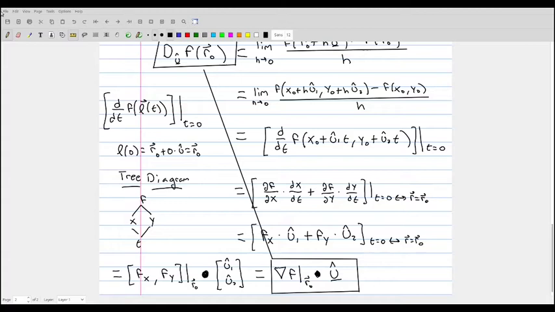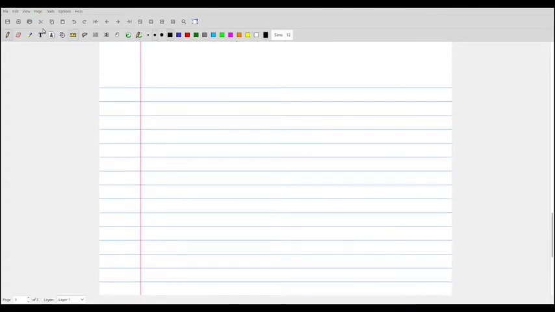So we'll see how to use this in a couple examples now. It's important to note as well that this formula holds directly for functions of more than 2 variables, so 3 variables or 4 variables as well. And the derivation is almost exactly the same.